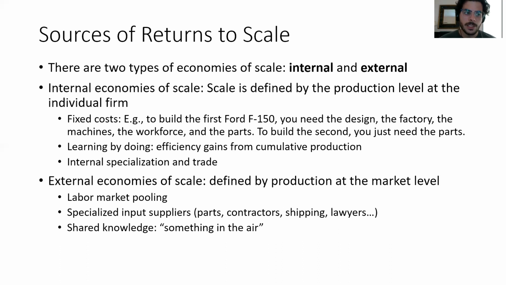And so it can be easier for best practices or new research and development to disseminate, and that can lead to productivity gains. So another word for external economies of scale is also agglomeration economies. And the idea is that when you have a lot of productive resources agglomerated in one place, like cities or manufacturing hubs, that's going to lead to economies of scale.